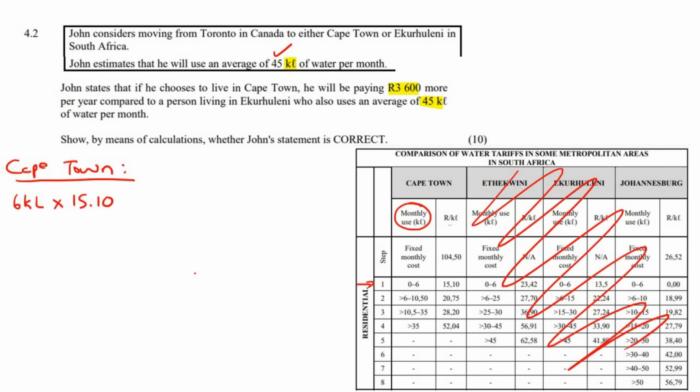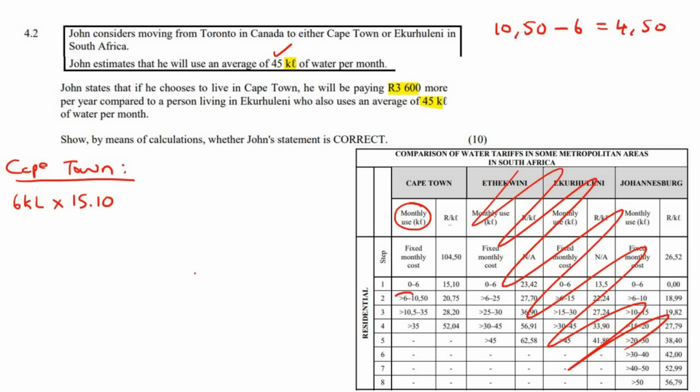But then John, maybe he's in February now, and he's been having a shower every single day, and suddenly it's the 7th of February, and he's going more than 6 kiloliters. Now all of a sudden he's moving into this one over here. How much water is he allowed to use in that one? Well, that is all the way from 6 up to 10.50. So what is 10.50 minus 6? That'll give you 4.50.